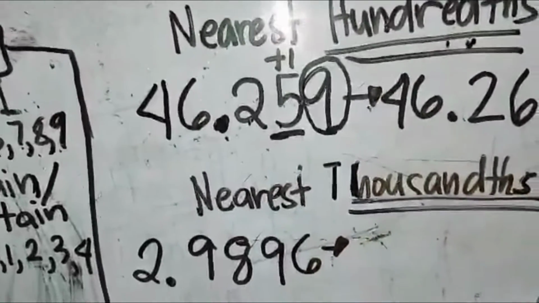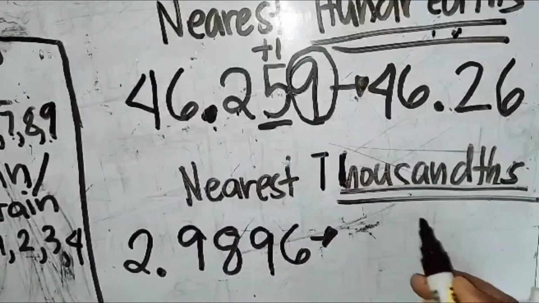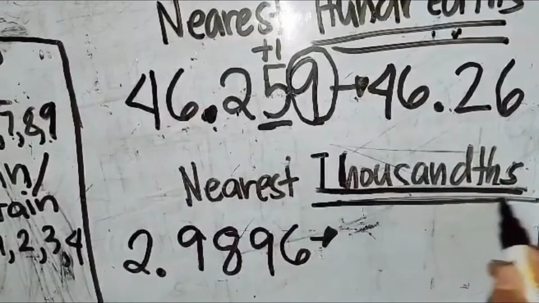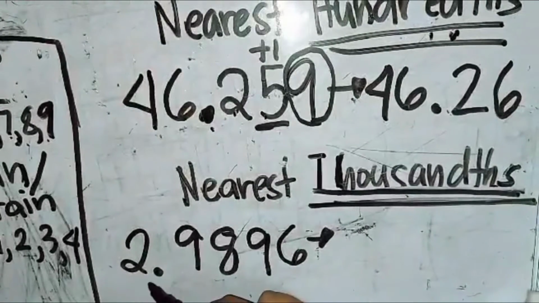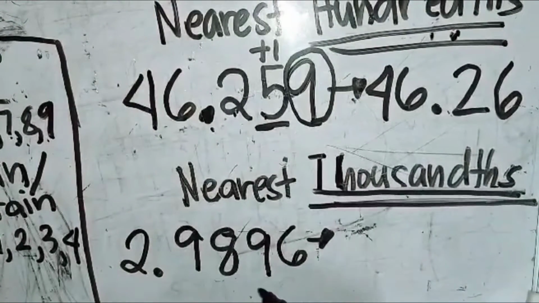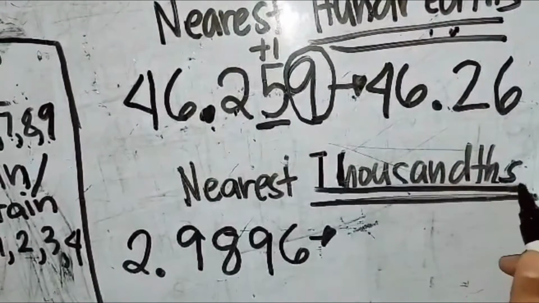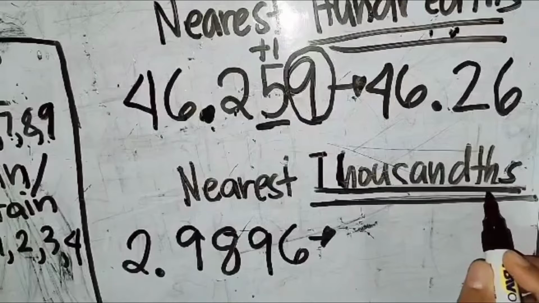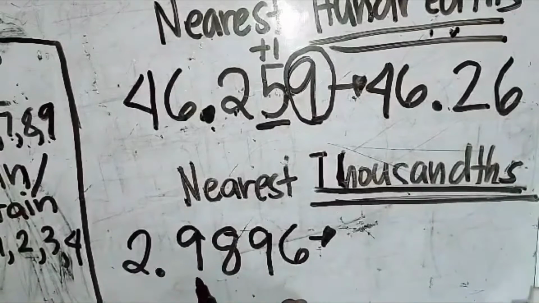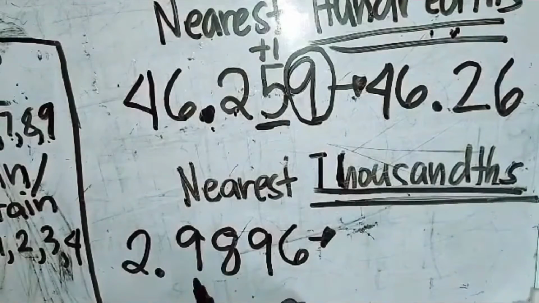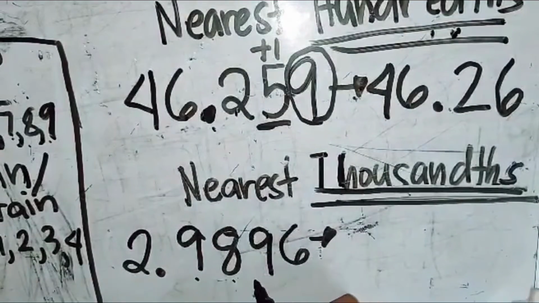Okay, next one. Nearest thousandths. So, ito medyo malaki-laking number. So, we have here 2 and 9,896 10,000ths. And then, we're rounding it off to the nearest thousandths. So, bilang ka dito after the decimal point, tenths, hundredths, thousandths.